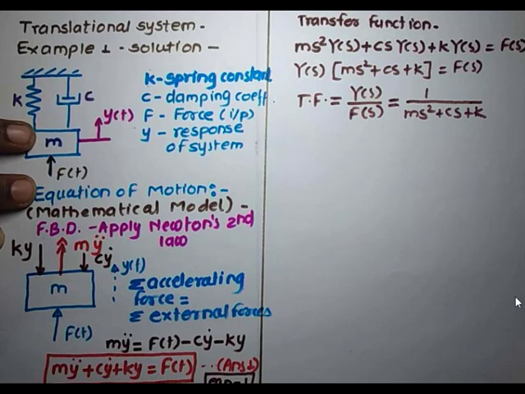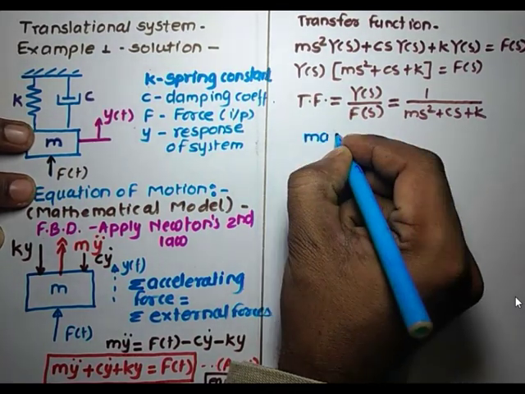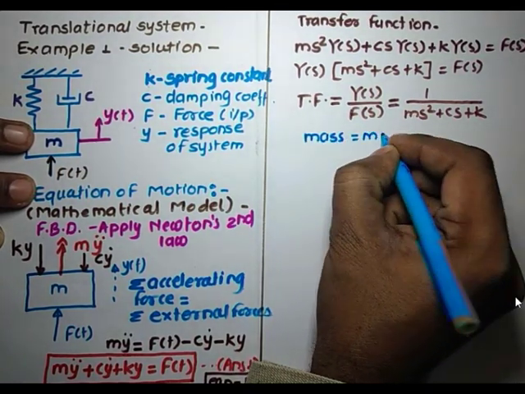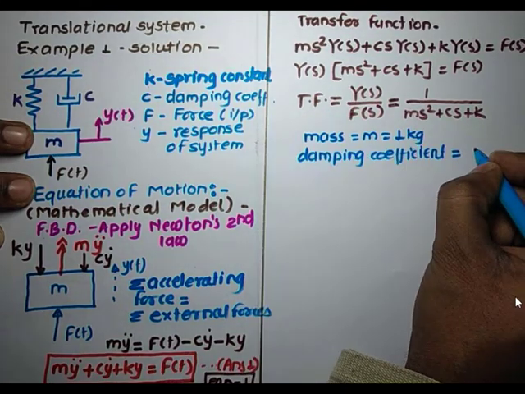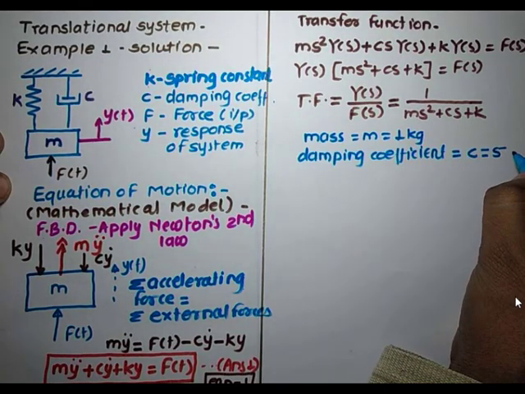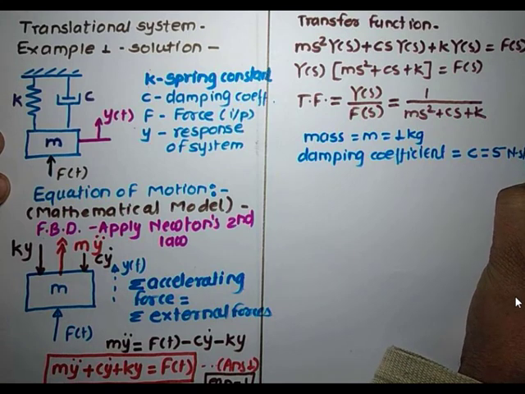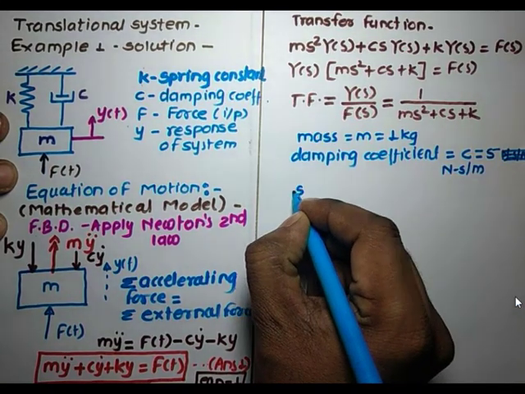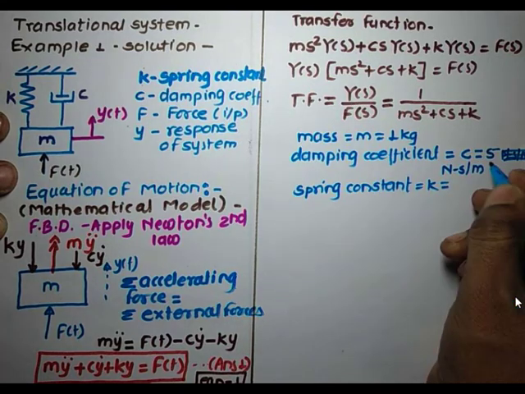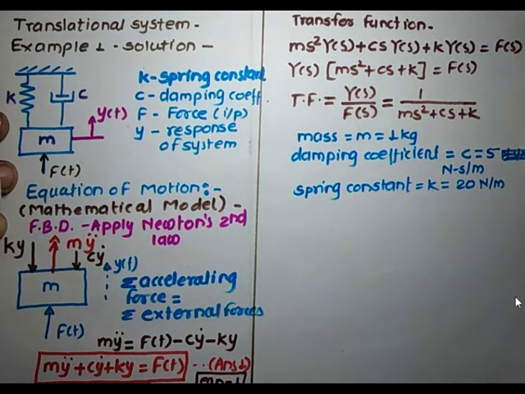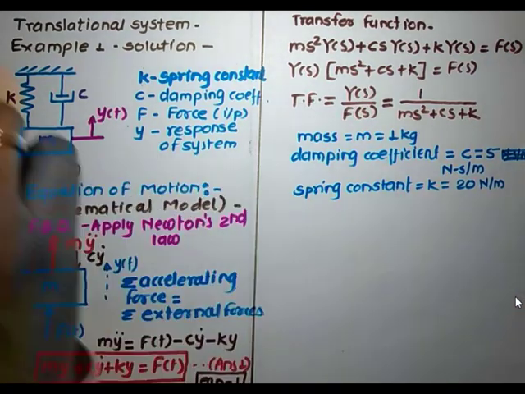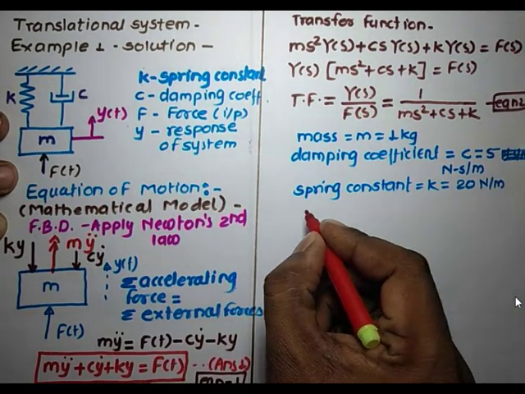But for this numerical, we have given values. Mass m is equal to 1 kg. Damping coefficient C is equal to, I think, 5 Newton second per meter. Next, spring constant K is equal to 20 Newton per meter. So let us substitute all these values in equation 2 and rewrite this equation.